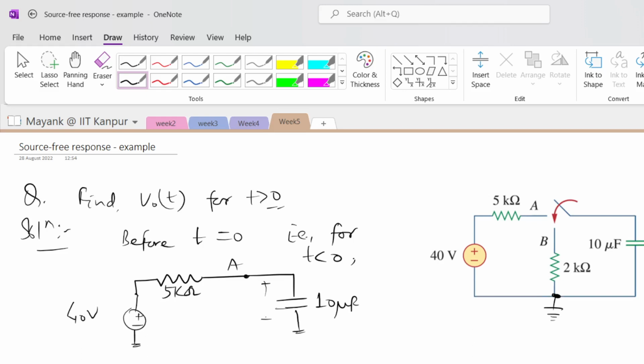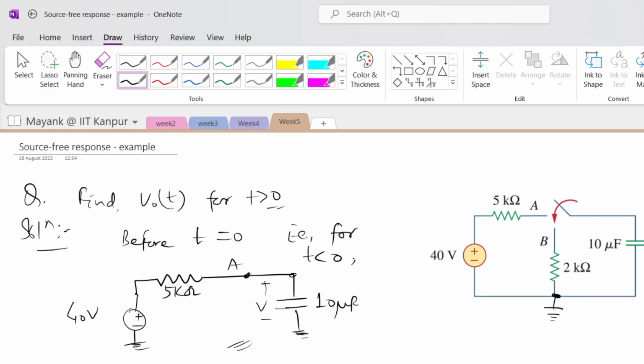So this was the condition before the switch changed its position, before time t equal to 0. You can say that this condition was remaining for a very long time, so that the steady state has been achieved in this particular circuit.